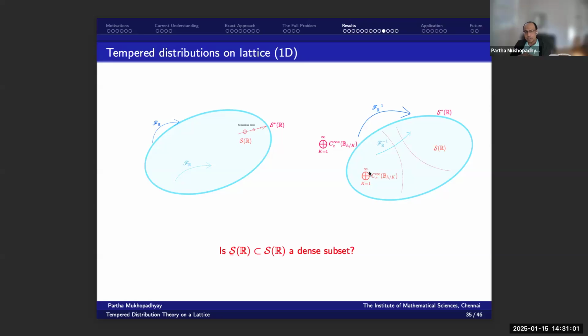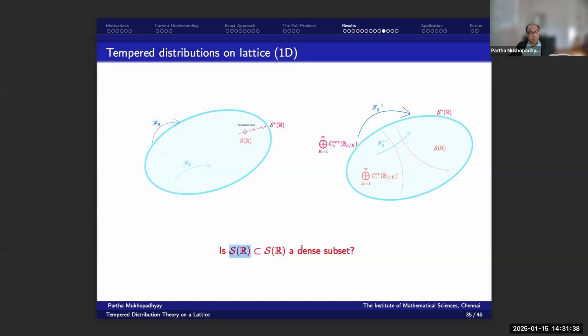Why is it important? Because I told you that the sense in which it is an approximation is that it is approximating the configurations. This is the full configuration space of the continuum that you consider in classical field theory. This is the configuration space for the lattice, and it is an approximate version of that. If it is a dense subset, that means that any configuration in the continuum field theory can be approximated by a lattice configuration with arbitrary accuracy.